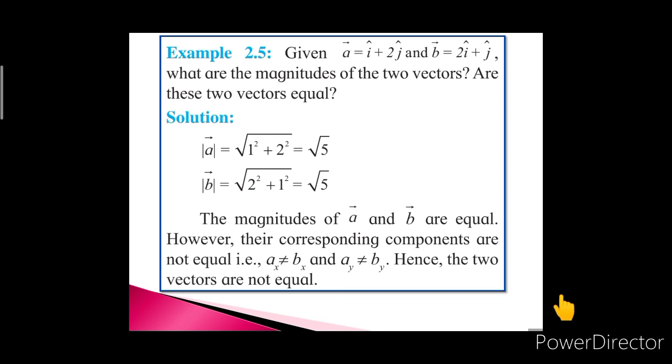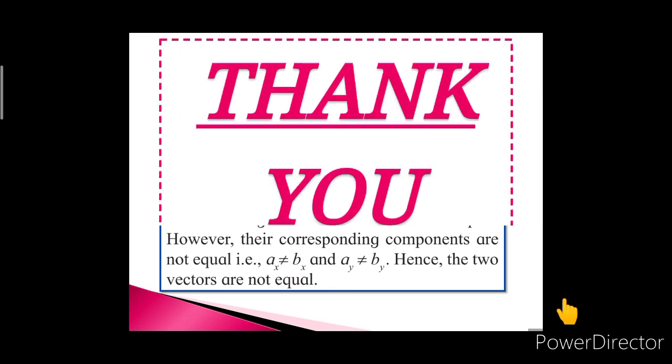Only their magnitudes are equal, but the corresponding components are not equal. So here we have studied the resolution of vectors. The chapter will be continued in the next lecture. Thank you.